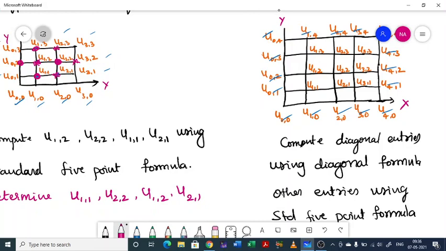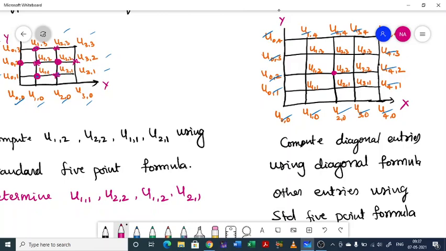First you should always determine u2,2, the center point. You can determine this using the standard 5-point formula, but you have to consider the second neighbors.